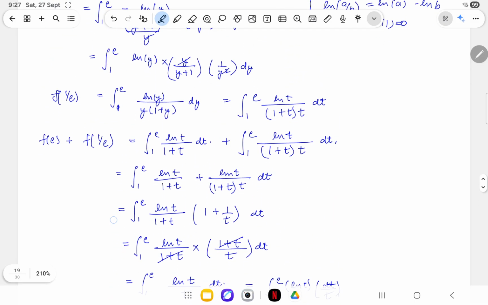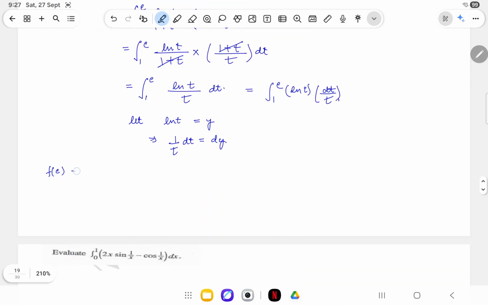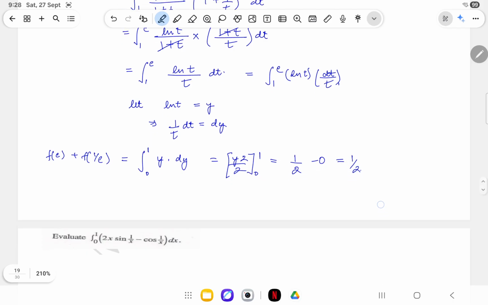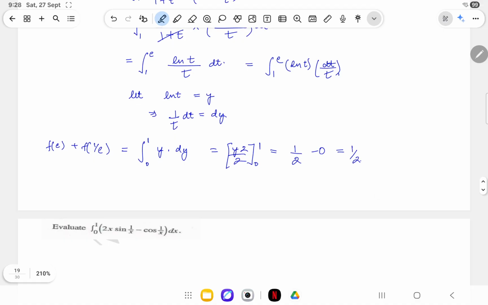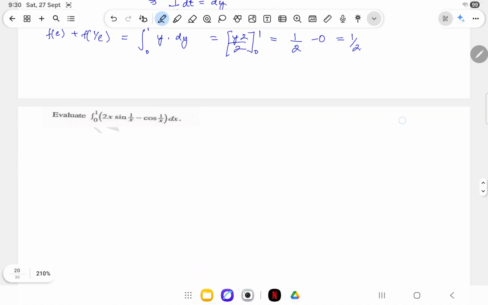So from here my f of e plus f of 1 by e will be basically equal to integration from, when t is 1, y will be 0, and when t is e, y will be 1. So integration from 0 to 1 of y dy, that is y square by 2, with limits from 0 to 1, that basically gives us 1 by 2 minus 0, so the final value is equal to 1 by 2. So let's move on to the next question.